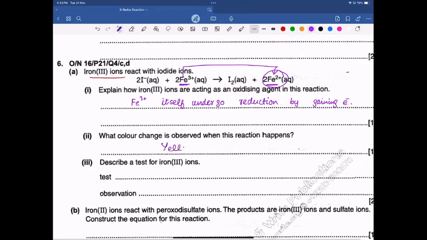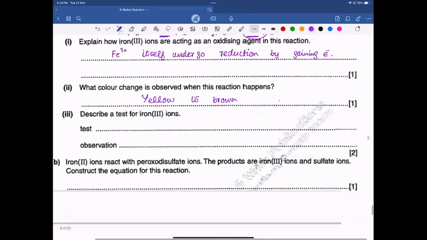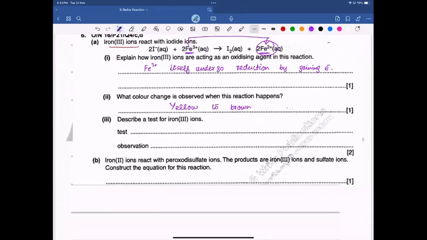Now describe the test for iron 3 ions. Can anyone recall this test? Add aqueous sodium hydroxide. To test any positive ion, we always use this reagent, whether it's iron 2 positive, iron 3 positive, copper 2 positive, calcium 2 positive, or aluminium 3 positive.